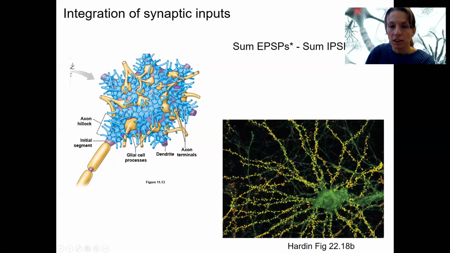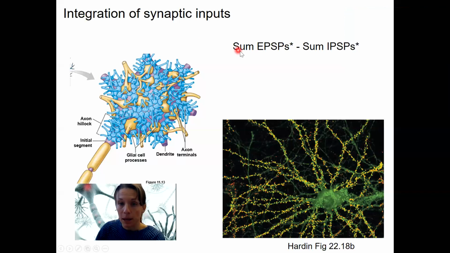So the integration of synaptic inputs is the sum of all EPSPs minus the sum of all IPSPs at any given moment in time, and potentially over time if you have temporal summation. This is both the number of them and the size of them, because remember, EPSPs can be graded, meaning they can be different sizes, unlike an action potential, which is only one size. It's all or nothing.